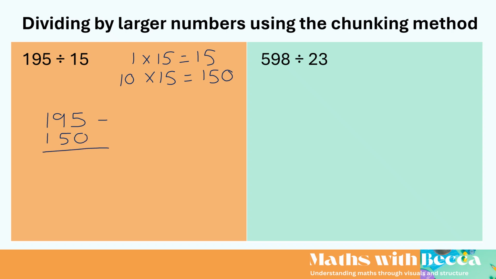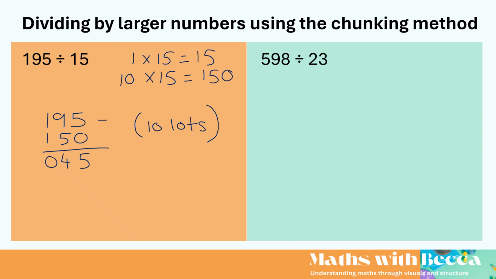So 5 take away 0 is 5, 9 take away 5 is 4, 1 take away 1 is 0. So what I've done there is I've taken away 10 lots of 15 and I'm left with 45. Well, that seems like an easier number to manage, really.